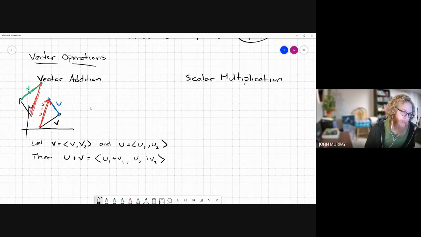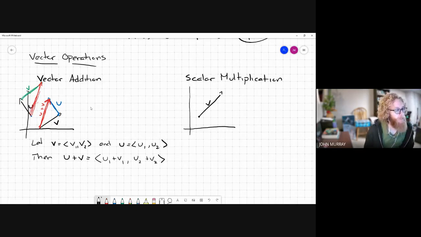Scalar multiplication is like dilation. All right, so say I have some vector here, some vector v. And now what I do is I multiply this by some constant. So maybe I multiply it by 2, right? So if I multiplied it by 2, it'd go in the same direction.